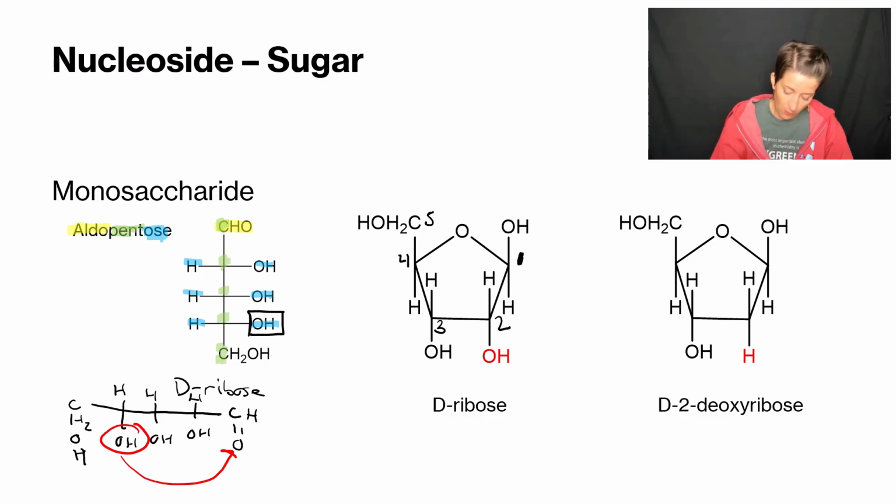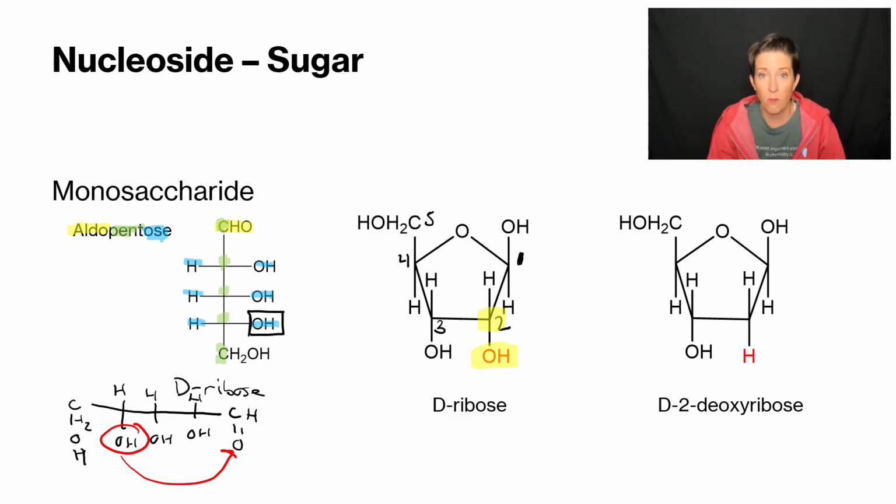Where we really focus on understanding the difference between the sugar that's in RNA versus DNA is carbon number 2. In carbon number 2 in ribose, we have that OH group there. That is ribose. However, DNA stands for deoxyribonucleic acid.